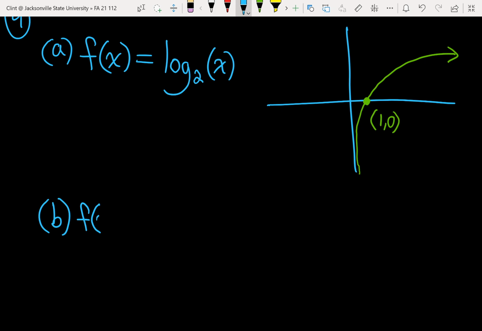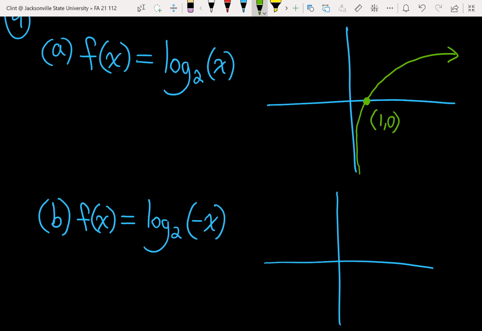B part, the change we're making is we're putting a negative sign with the x. We'll have negative x. If we put the negative sign with the x, that switches the left side and the right side. That's a y-axis reflection.